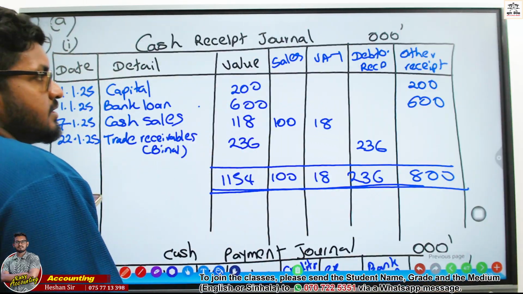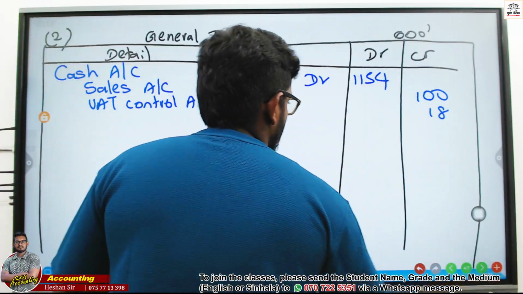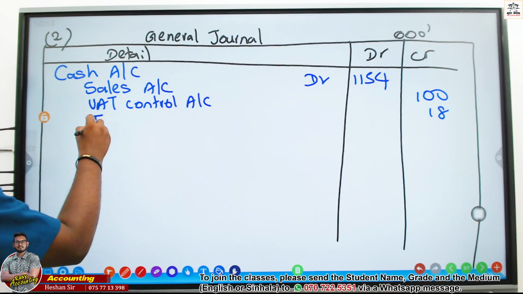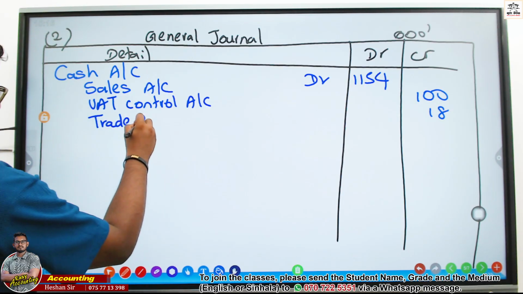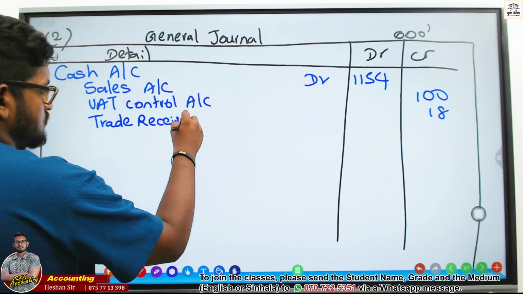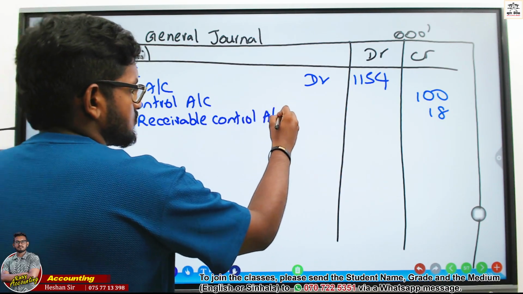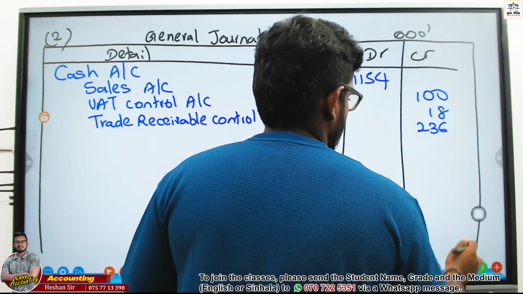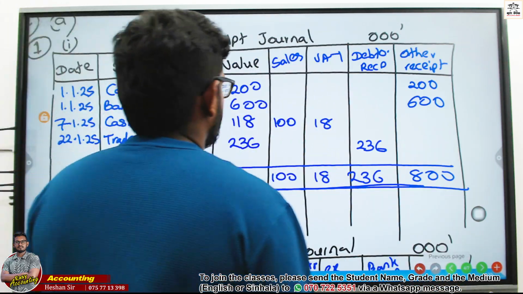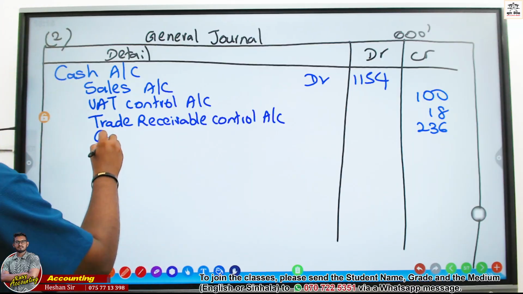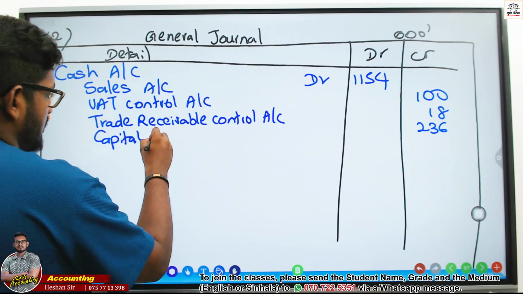Right? Trade receivable control account credit 236. Then the capital account and the bank loan account. Capital account, we write separately.